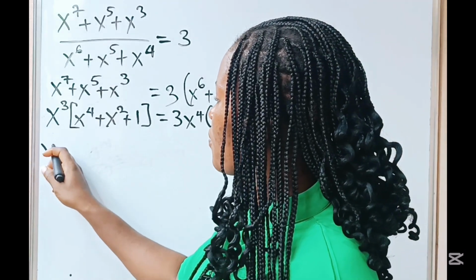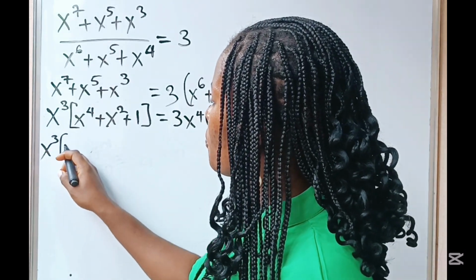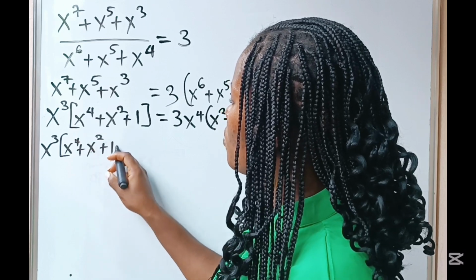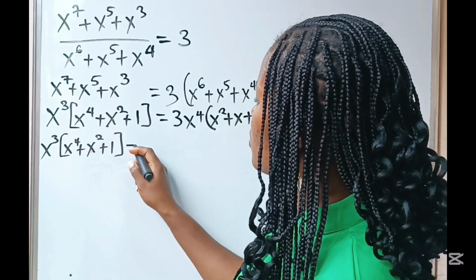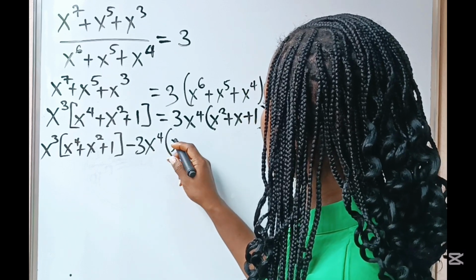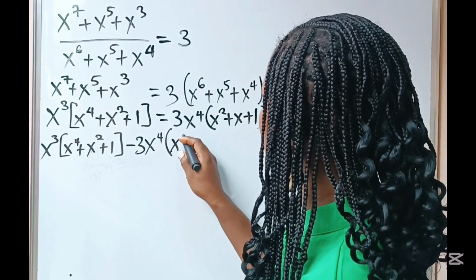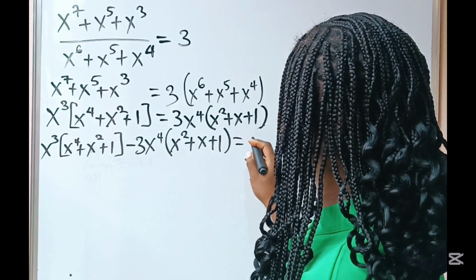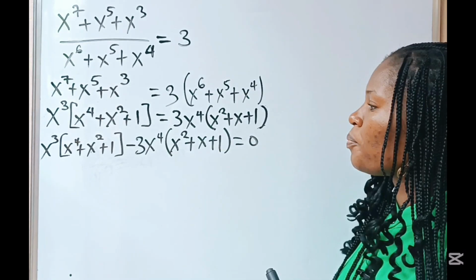If we do that, we have x to the power of 3 into x to the power of 4 plus x to the power of 2 plus 1, then minus 3x to the power of 4 brackets x to the power of 2 plus x plus 1, and this will now be equal to 0.